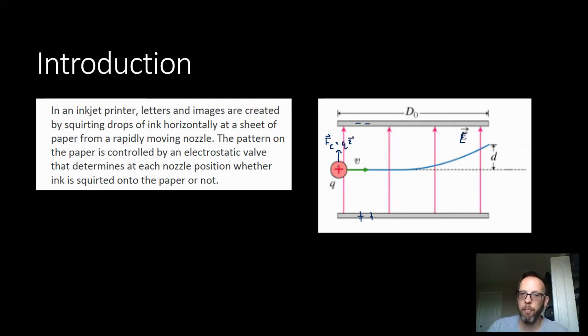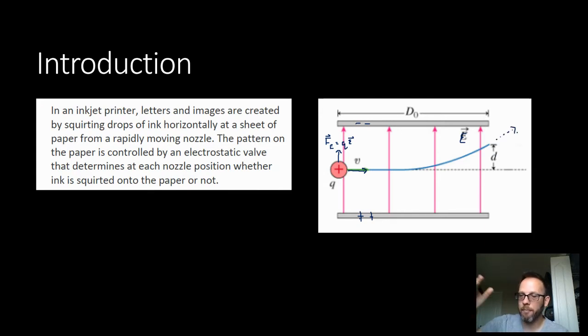Because it experiences a force, it's going to accelerate. As it moves through the plates, it has a horizontal component of constant speed, but some vertical acceleration, so its trajectory curves along the blue line like this. By the time it leaves the parallel plates, it will have been deflected a certain amount d, and the ink droplet will fly off onto the page.